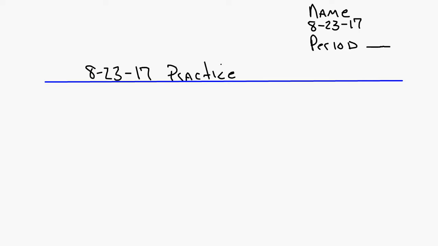Now what we're going to do until the bell rings today is for the first 7-8 minutes of class, it's going to be just like you're taking notes. I'm going to put a problem up on the board or on the wall. We're going to work through it, circle our answer, and move to another problem.